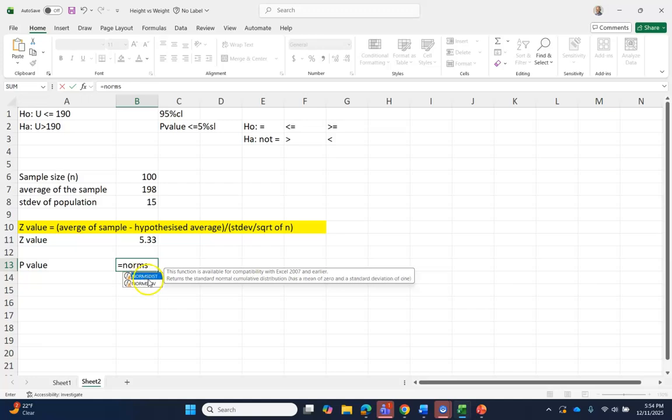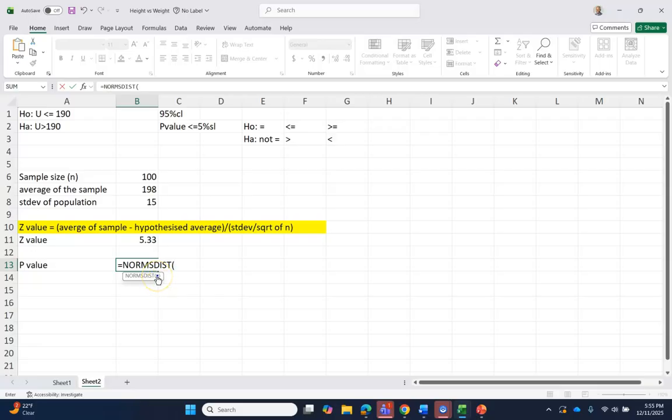You have to select this one, norm s test. And so in this case you have to put the z-value, and I'm going to click on this z-value and close the bracket. But before you enter, you can see that the z-value is positive. It should be negative for you to apply this function, but if it is positive, then you should take 1 minus, and then you will get the probability value.